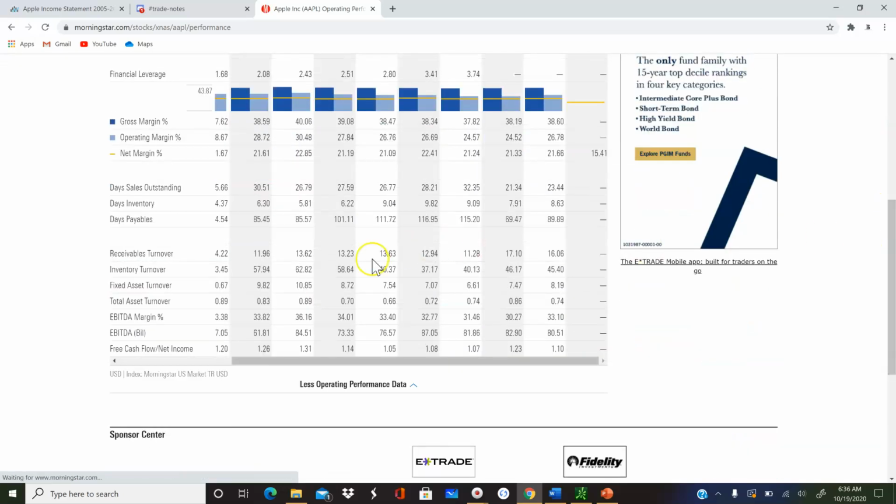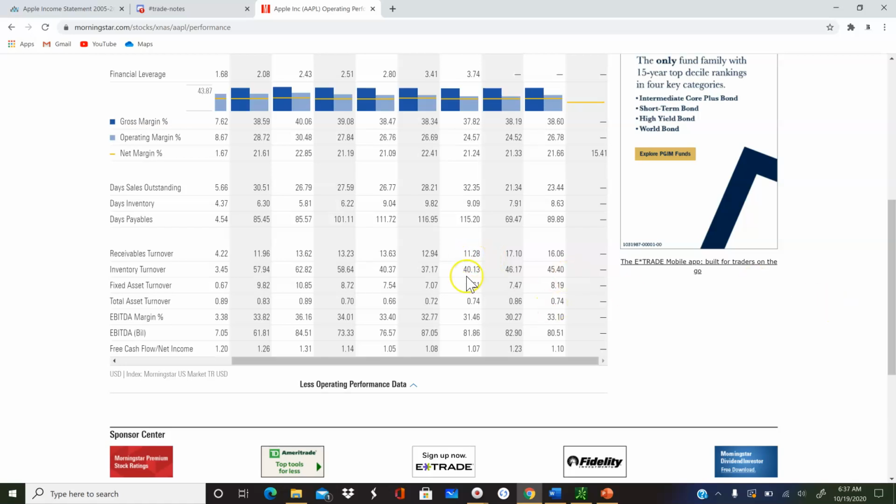And we'll look and see what that is for Apple for 2019. That was 11.28. You can also figure out how many days it takes Apple to collect those payments, so you take 365 and divide that by 11.28, and that gives you your days sales outstanding.